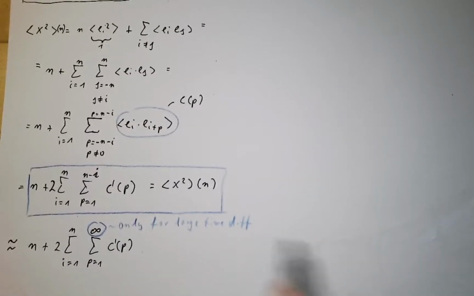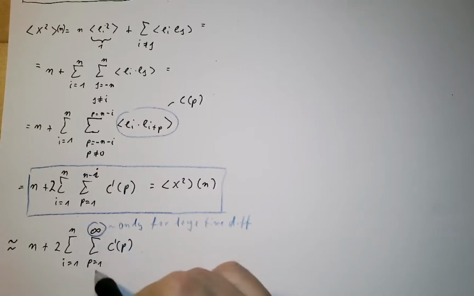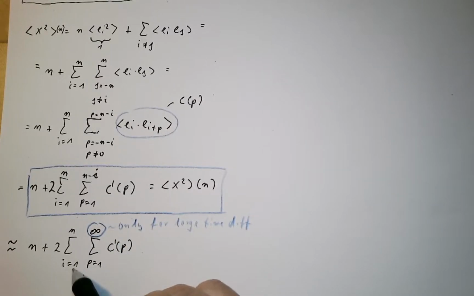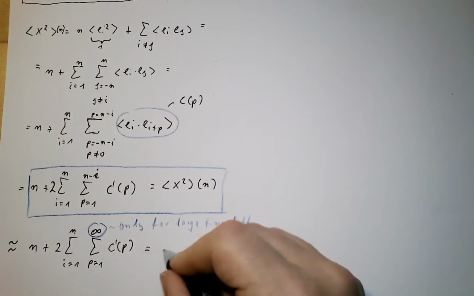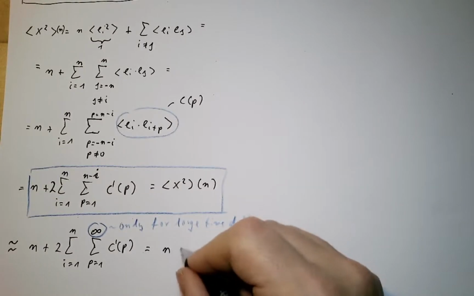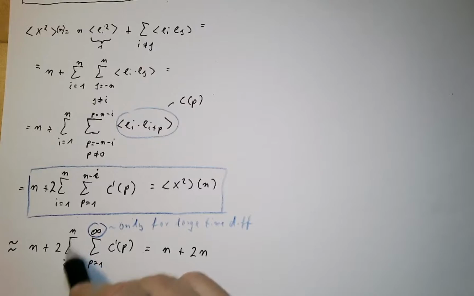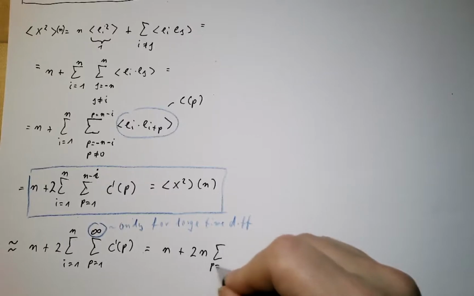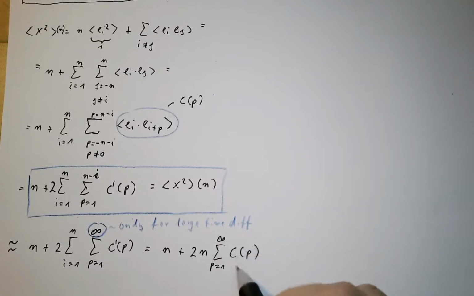And now the trick is, when we can do this, you see here on the right side we don't have the index i anymore, so we sum over all i's, but something which doesn't depend on i, so we can write this as n plus 2 times n, because the sum we don't need, it's replaced by a factor n, by this sum p equal 1 to infinity over the autocovariance function.